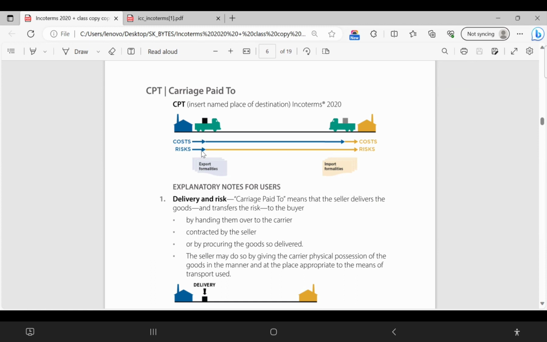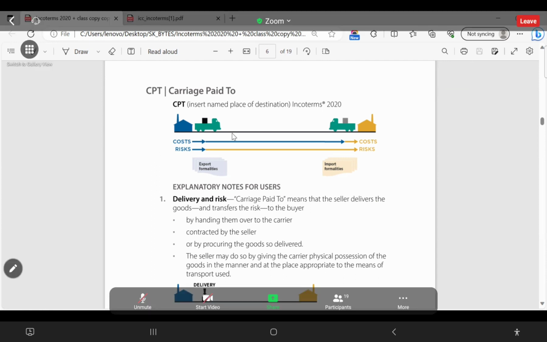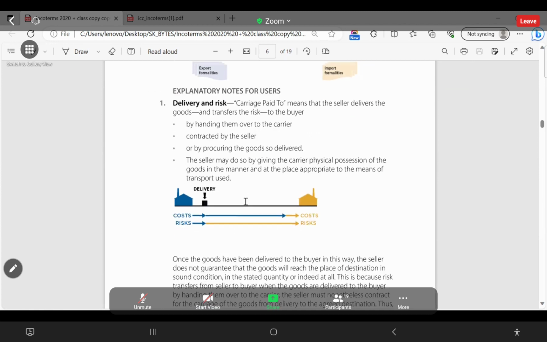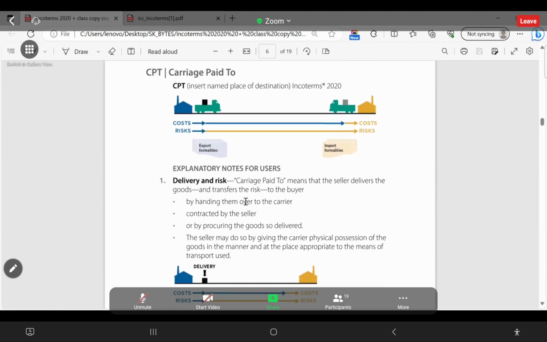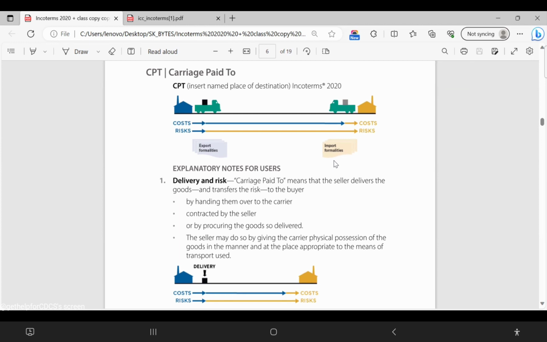Because at this point risk transfers when the goods are collected by the first carrier. That is where the risk transfers from this party to this party. Clear? Are we clear? Yes, sir. Okay. So the remaining export formalities are by the exporter and import formalities by the importer.